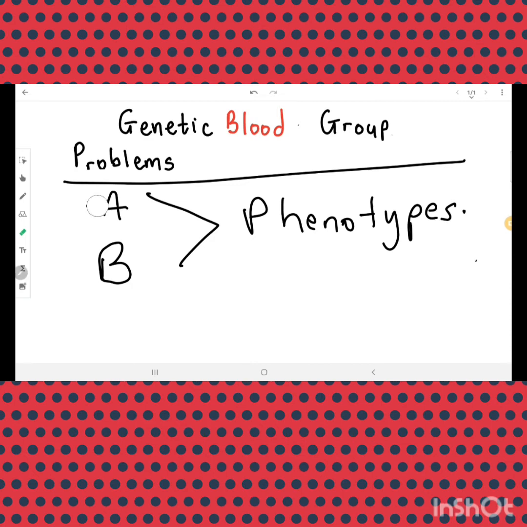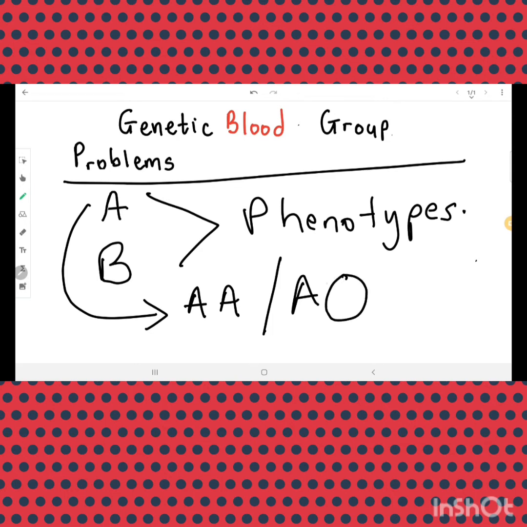Now let's take, for example, an individual who belongs to blood group A. The phenotype is A. However, during conception, he could have gotten AA, meaning an A allele from the mom and an A allele from the dad, or he could have gotten an A allele from one parent and an O allele from the other.